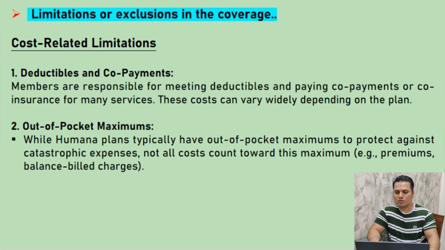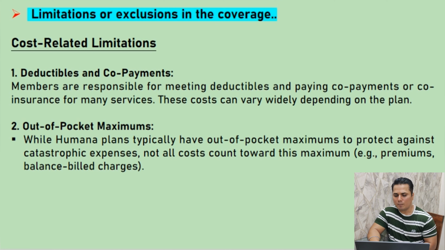Limitations or exclusions in coverage, cost related limitations. Now we'll talk about cost related limitations. Number one, deductibles and co-payments. Members are responsible for meeting deductibles and paying co-payments or co-insurance for many services. These costs can vary widely depending on the plan.